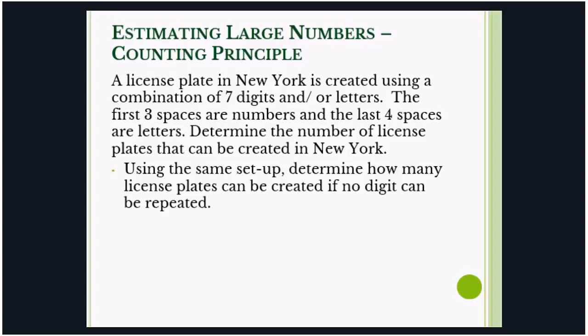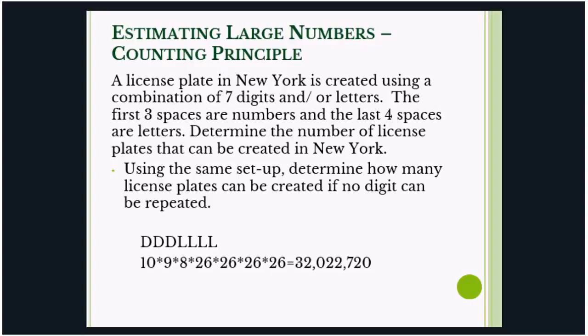The next question is working off this same idea of the license plate, except we change it up a little and we add some restrictions. Here the restriction says using the same setup to determine how many license plates can be created if no digit can be repeated. So when we go to set this up, we still have digit, digit, digit, letter, letter, letter, letter.